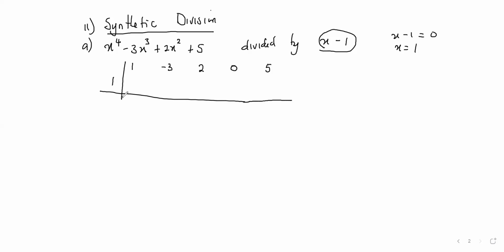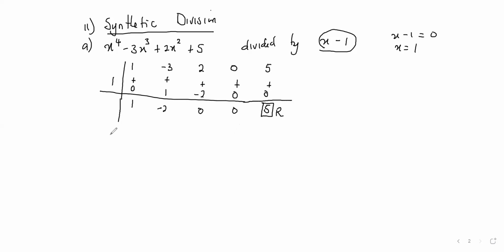And then you drop down, you add the 0 to the first number so that it comes down, and then multiply 1 by 1, we'll get 1. Continue adding, we'll have minus 2. Add, you multiply there and then you add, you get 0. Add, multiply, add, we get 5. The last number we get is the remainder.